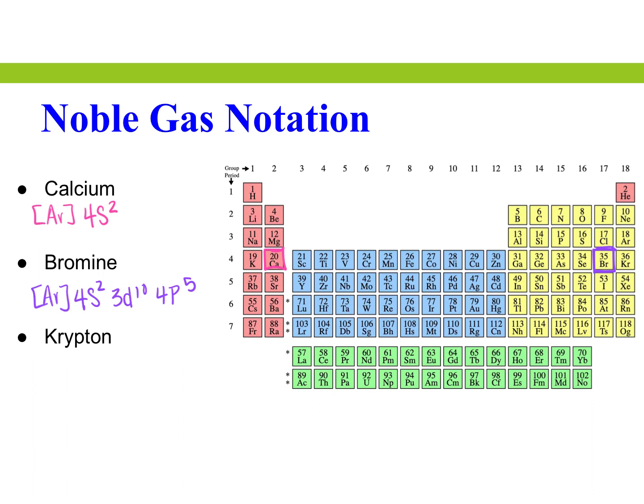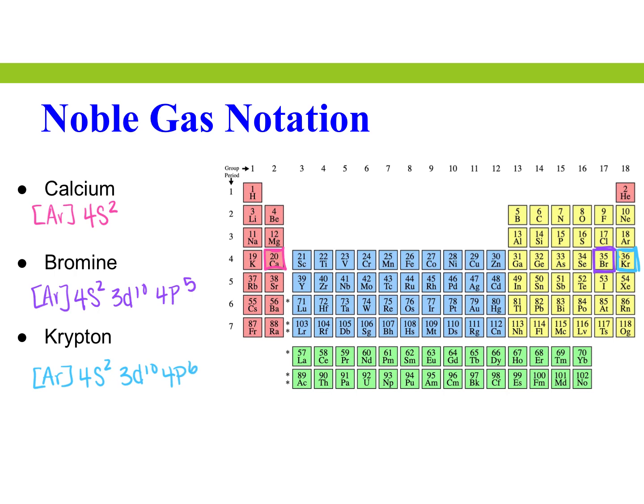All right, our last one is krypton. Krypton itself is a noble gas. Unfortunately, you can't just put krypton in brackets and call it a day, because we want to see those valence electrons. So you still have to use the noble gas that comes before it. It'd still be argon, and then 4s2, 3d10, 4p6.